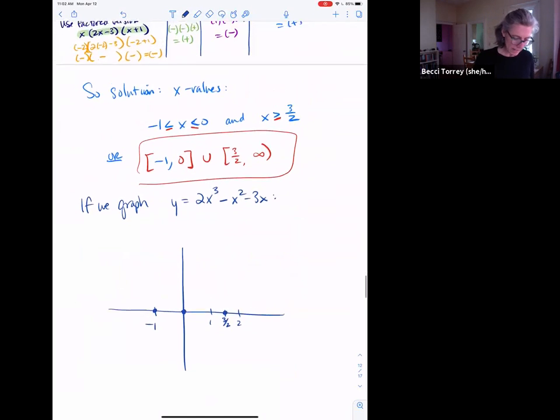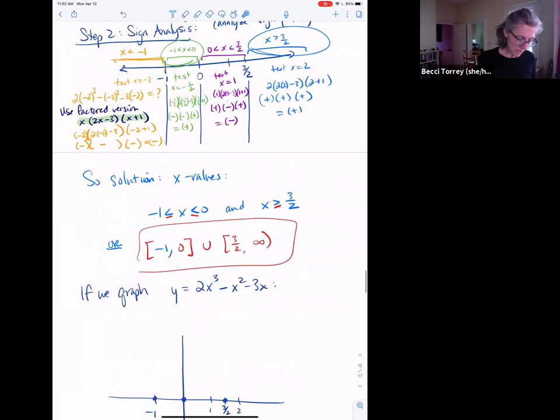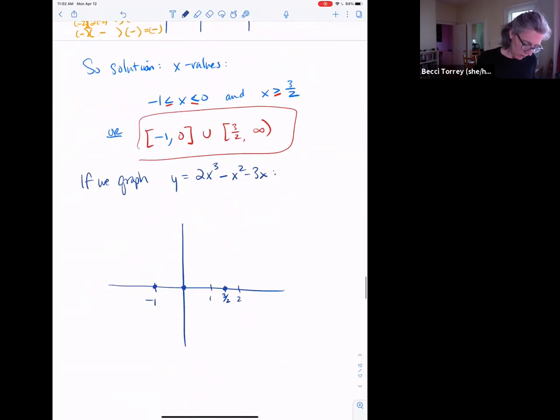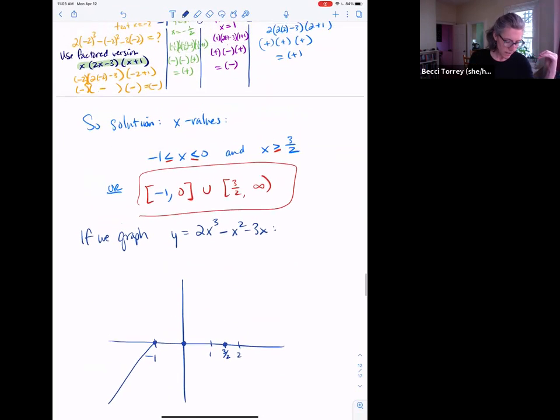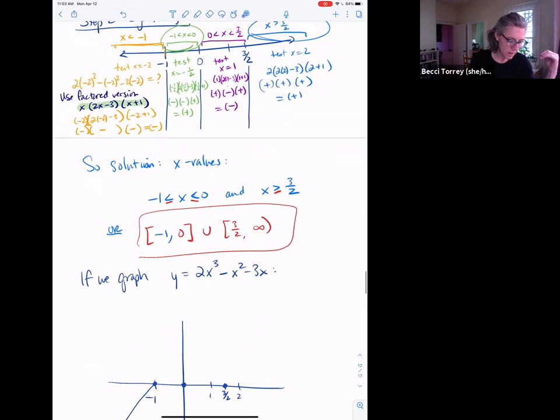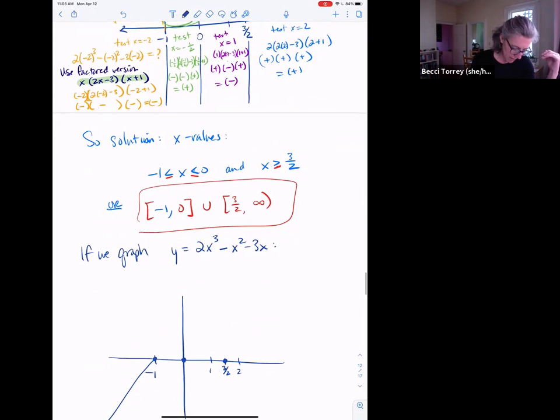And when we're doing sign analysis, what we did is we said, okay, if I plugged in a smaller number than x equals -1, something like x equals -2, I get a negative number. And that means on my graph down here that all these values are going to be negative. I don't really know what it looks like too much, but they're going to be negative numbers. They're below the x-axis. And then I plugged in an x value that was between -1 and 0, like -1/2, and I got a positive number. So down on my graph, I'm getting positive numbers between -1 and 0.